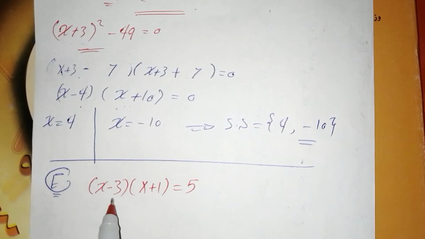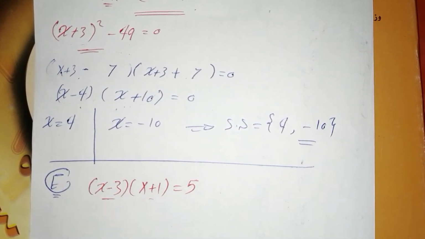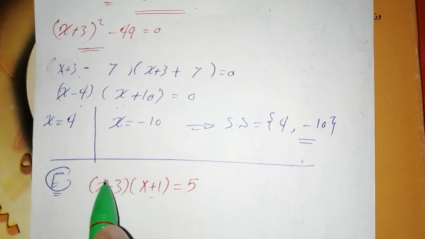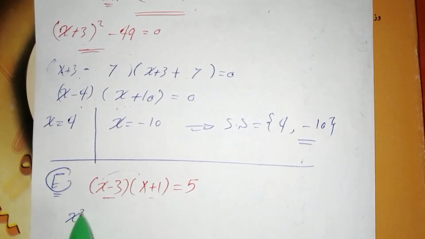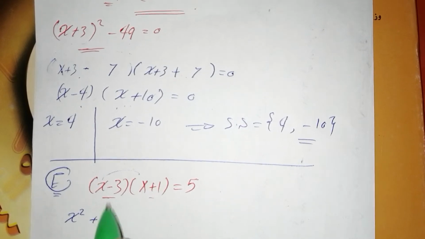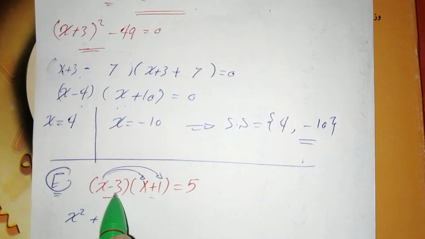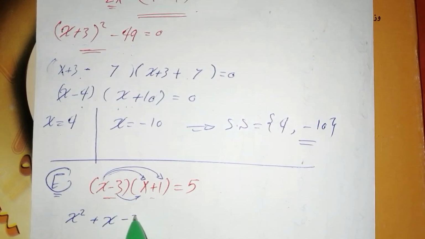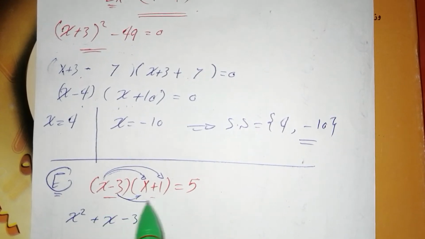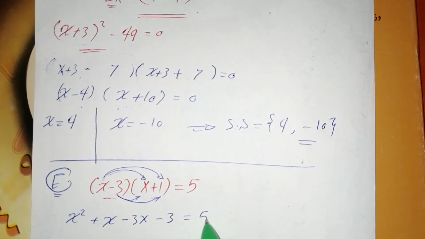First, we have to multiply the two factors (x − 3) by (x + 1) and find the result of the multiplication. So x times x equals x squared, and x times 1 means x, and then negative 3 times x, which is negative 3x, and negative 3 times 1, which is negative 3, and the result equals 5.